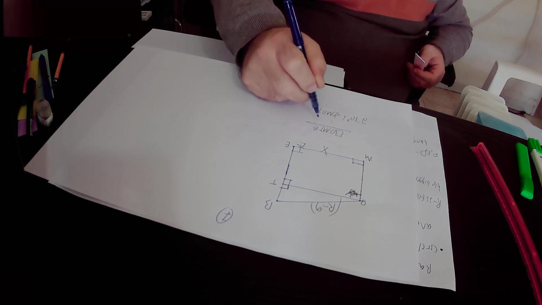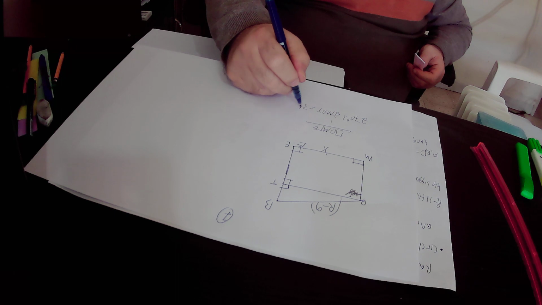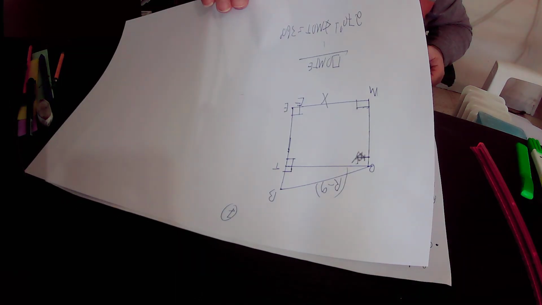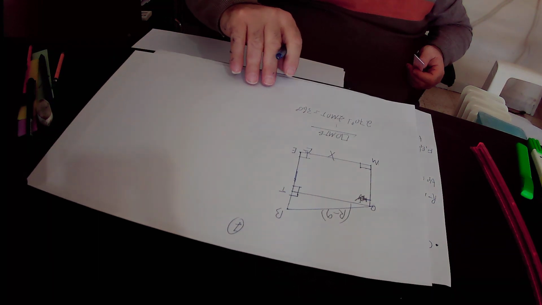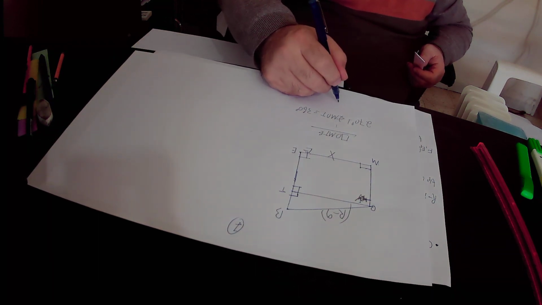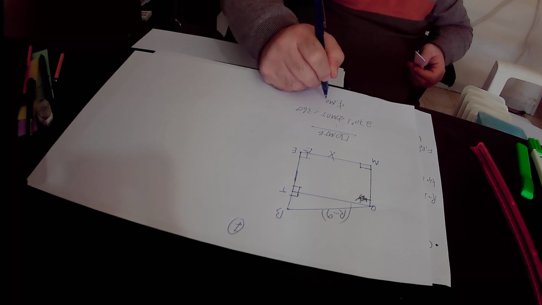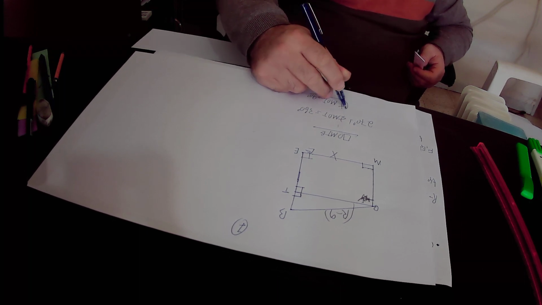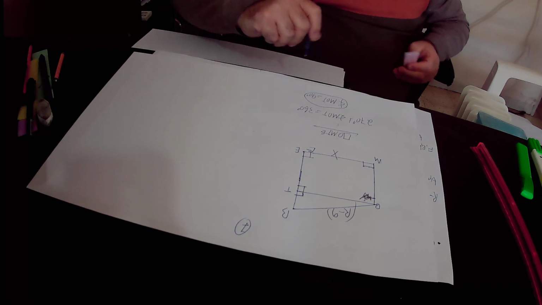In total, the sum of those four angles must be equal to 360 degrees. We will subtract 270 degrees from this equation, and we will get that the size of angle MOT is actually 90 degrees. So we found out that this angle is a right angle, that is to say it equals 90 degrees.